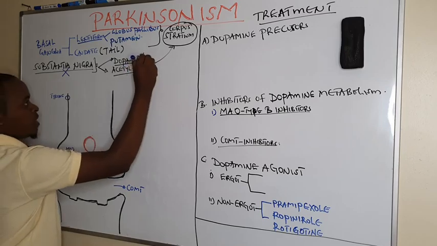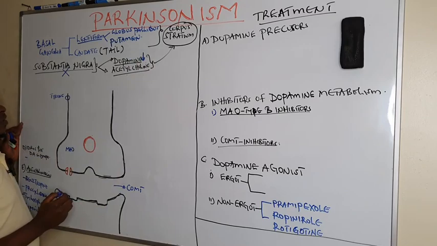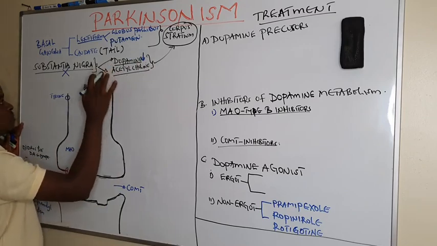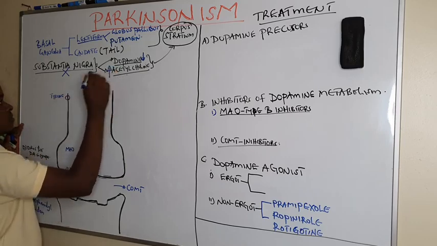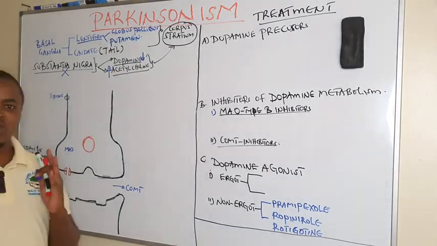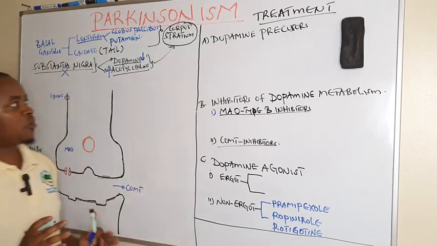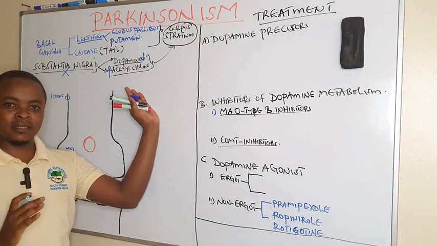Hence, there is a decrease in the production of dopamine, whereas acetylcholine, which is produced from the thalamus, is going to increase. So when there is this failure to balance dopamine and acetylcholine, it results in Parkinson's disease.